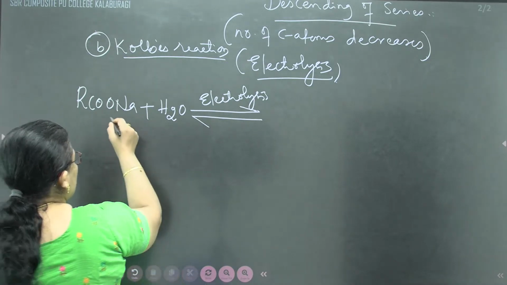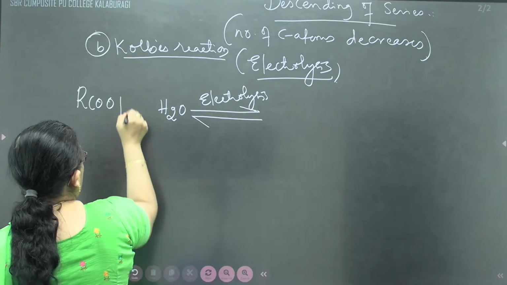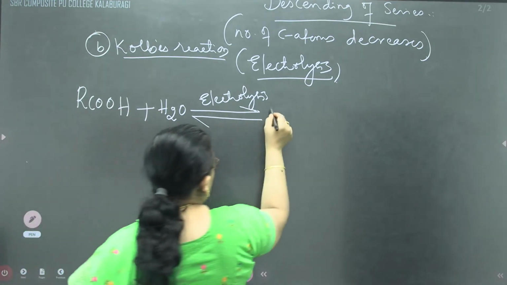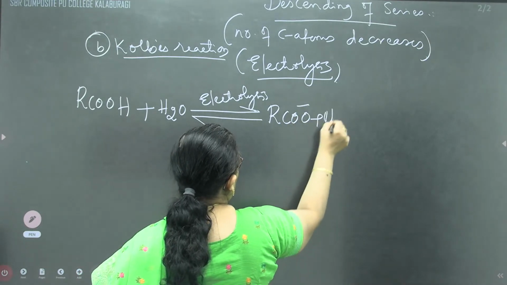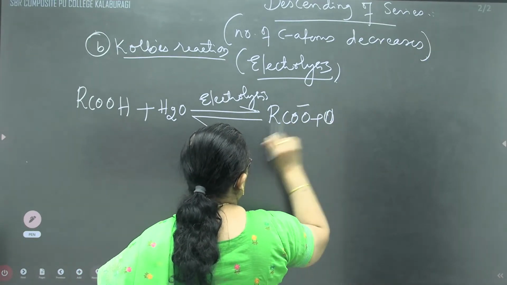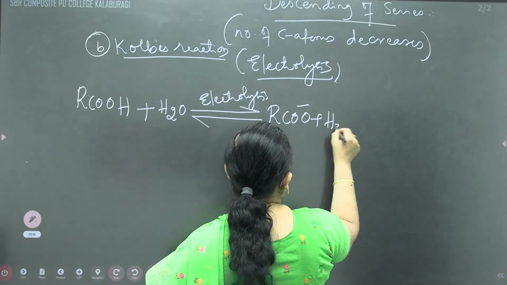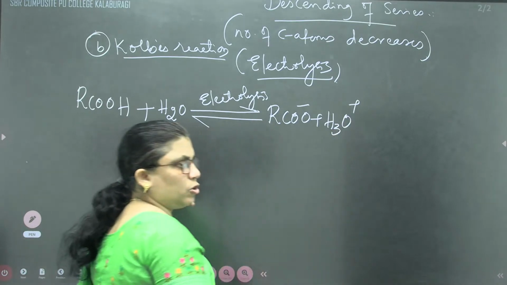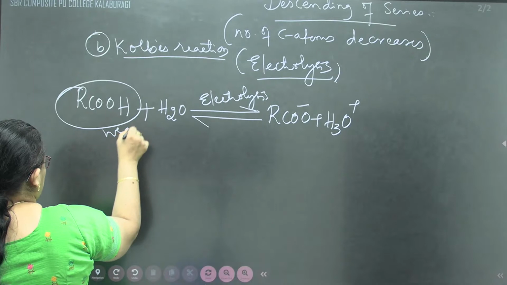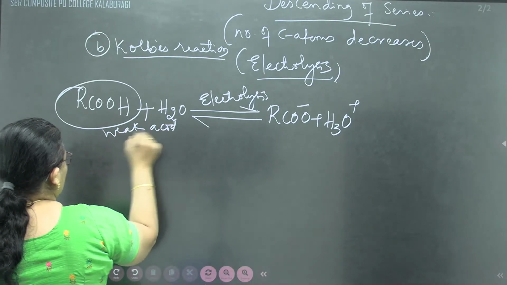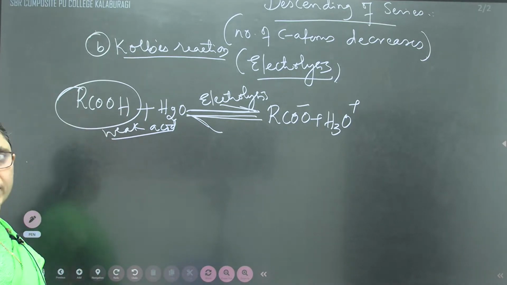When they undergo weak electrolysis, they will form RCOO minus and OH minus, or H3O plus, because carboxylic acids are weak acids. A weak acid will undergo partial or incomplete ionization.